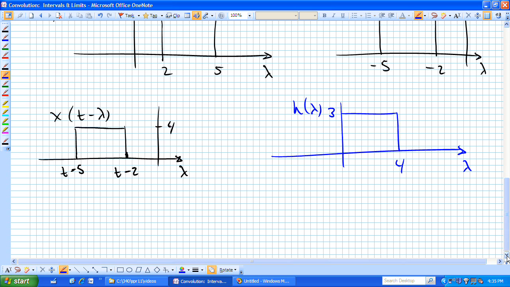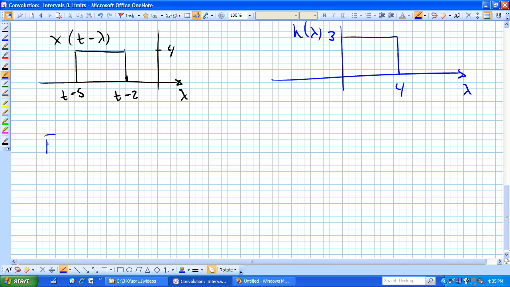In order to find the output, we're going to find y of t by examining different, what I call overlap patterns, that exist when we start sliding x of t minus lambda through h of lambda.